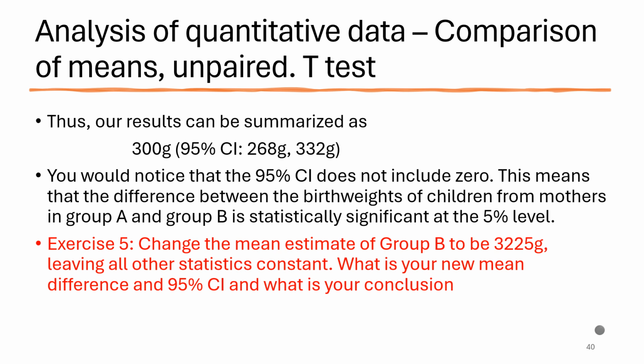So your final exercise would be to change the mean estimate of group B to 3,225 grams, maintaining everything else in the table constant. Calculate the new mean difference and the 95% confidence interval, and draw your conclusions from what you found, right?